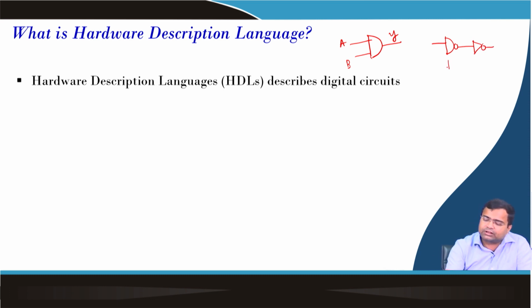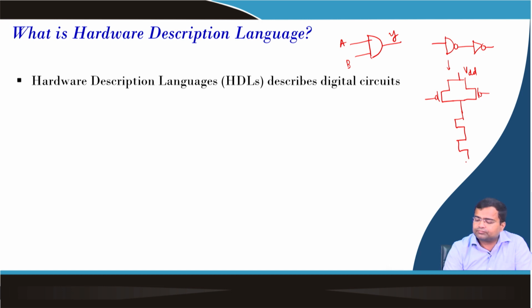And then if you go to the NAND gate, what is the architecture? We know that we use VDD, and this is A, this is also A, this is B, this is B, and from here we tap our output.